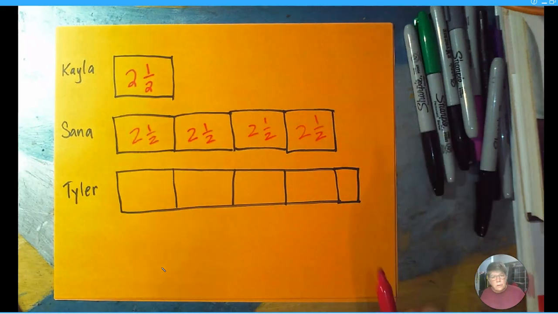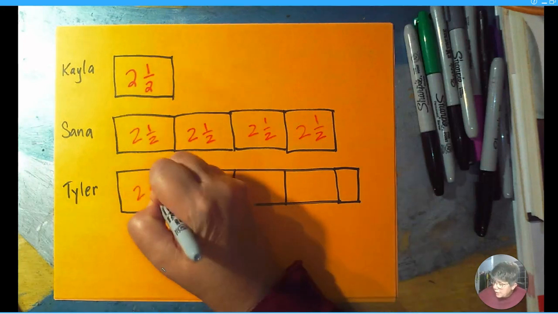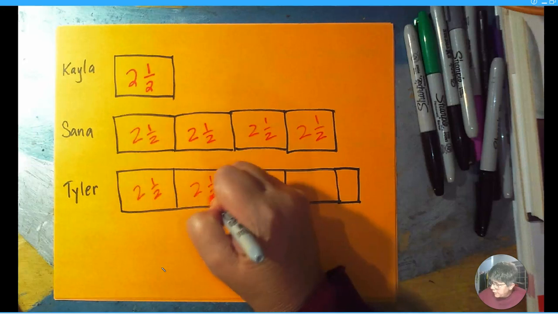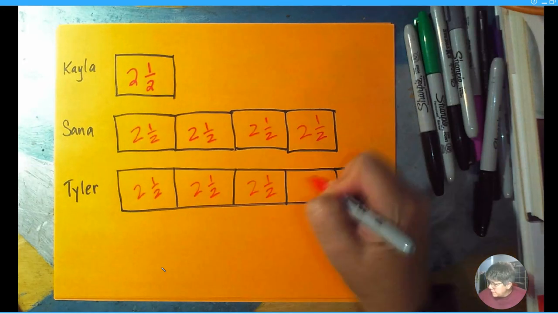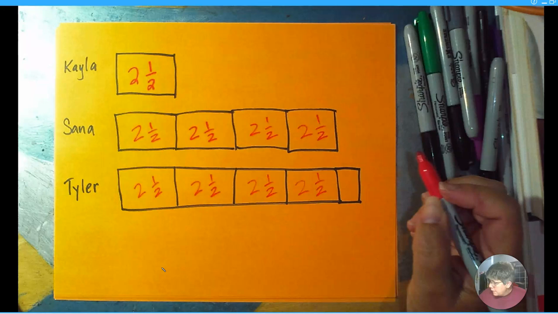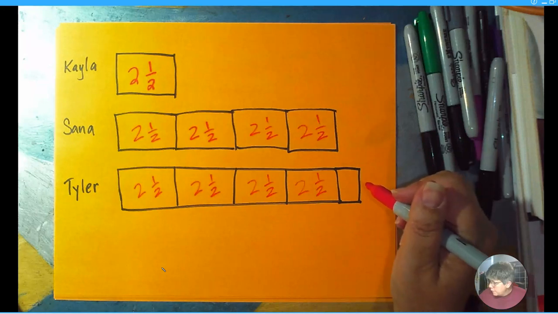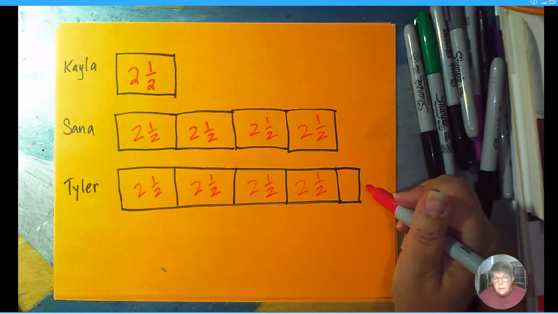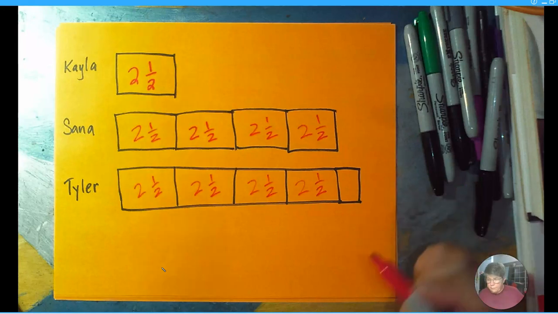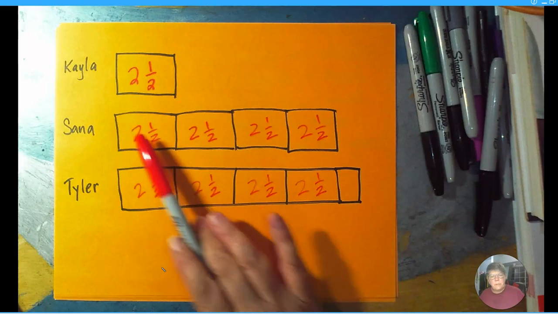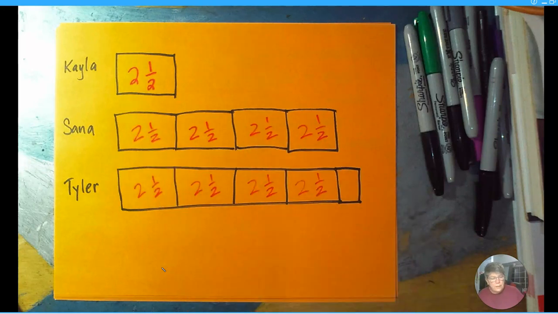And then Tyler rode 4.5 times as much as Kayla. Okay? Or they could be making something, right? Maybe they're making slime. And Kayla made 2.5 cups of slime. Sana made 4 times as much. Tyler made 4.5 times as much.